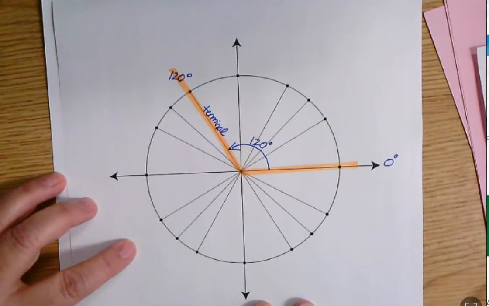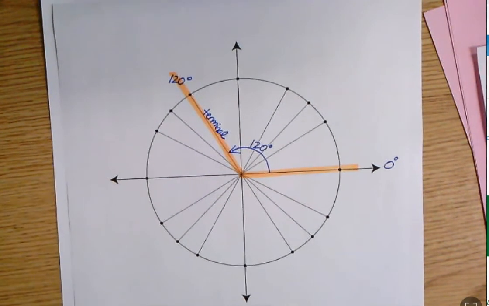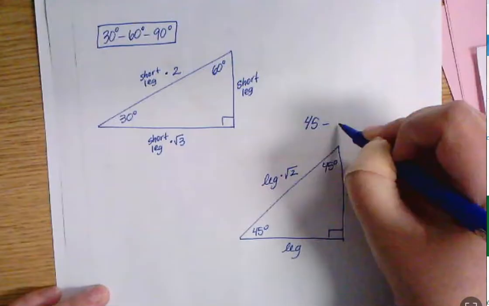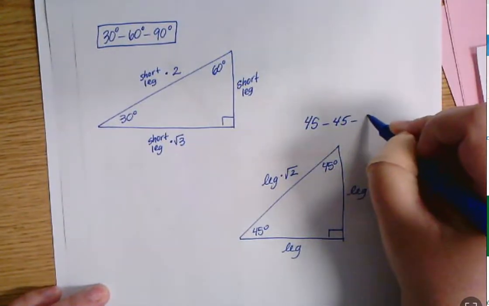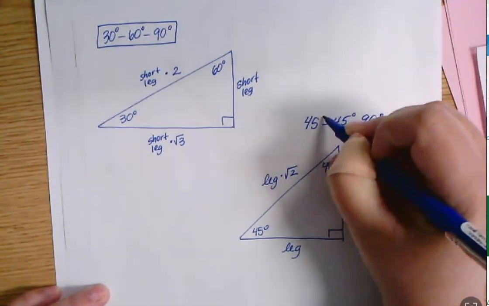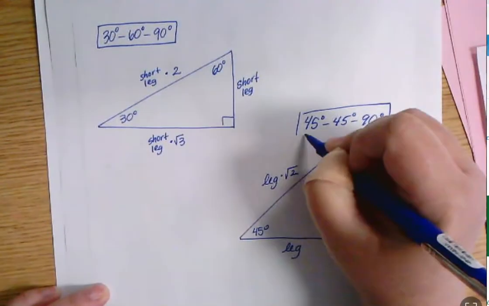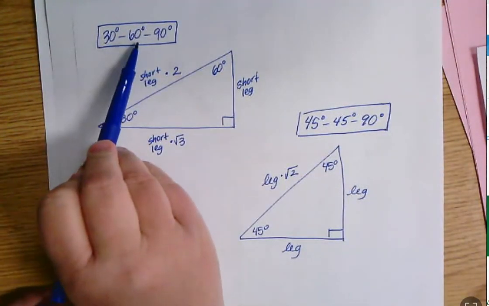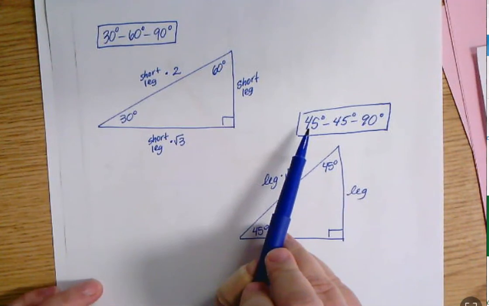Basically, the common angles that we look at with the unit circle are the ones based on two things we learned about in geometry: 30, 60, 90 triangles and 45, 45, 90 triangles. There are a lot of angles that are built off of increments of 30 degrees or 60 degrees or 45 degrees.